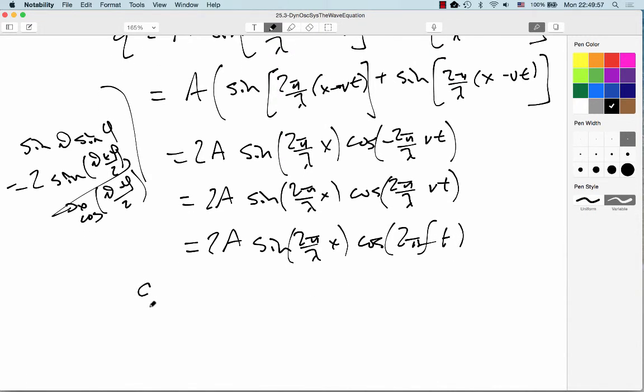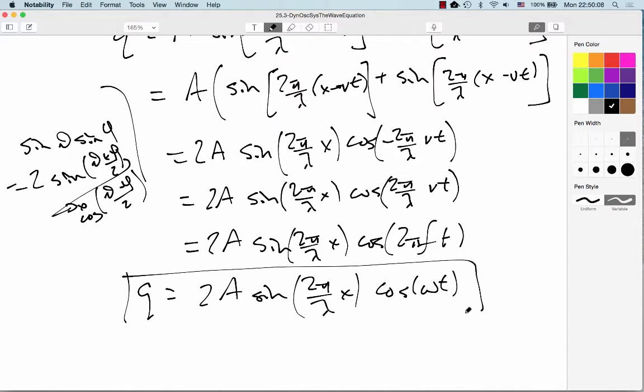So then we finally get that our q is equal to 2A sine of 2 pi over lambda x cosine omega t, which squares with what you saw before, where we would identify that as the wave number k. I just didn't want to write it because we've got enough k's floating around.